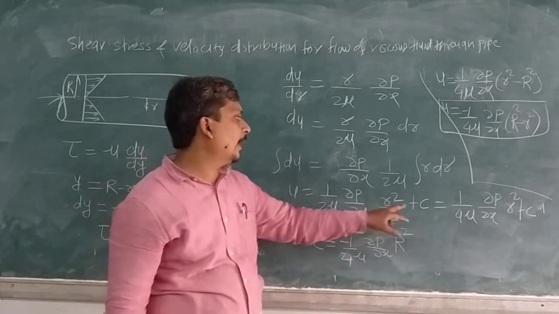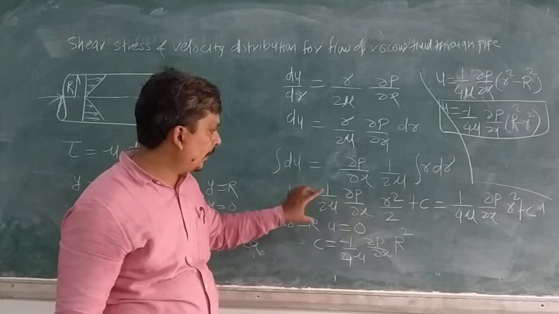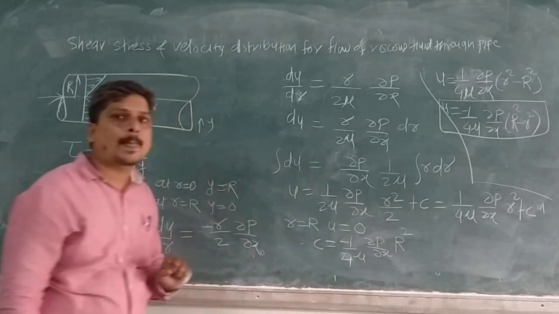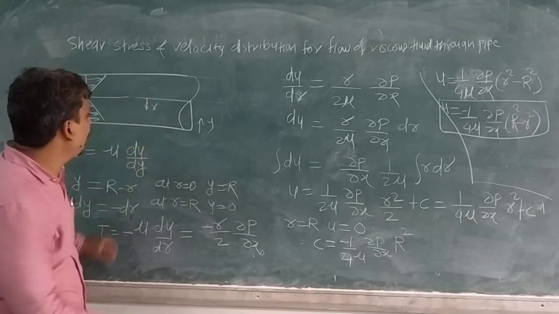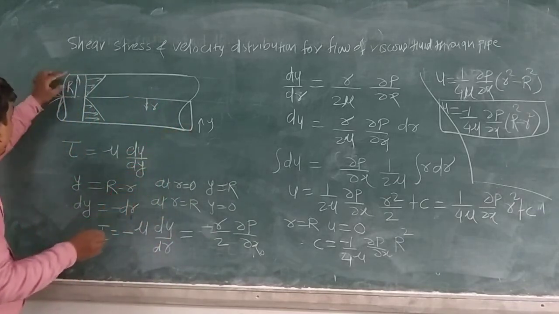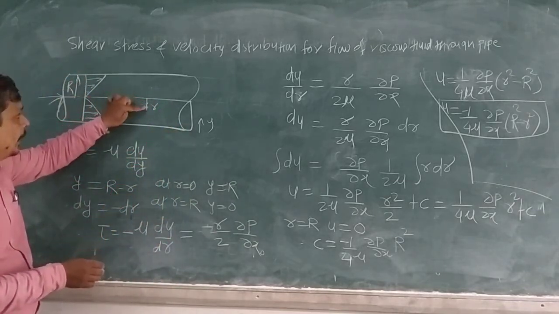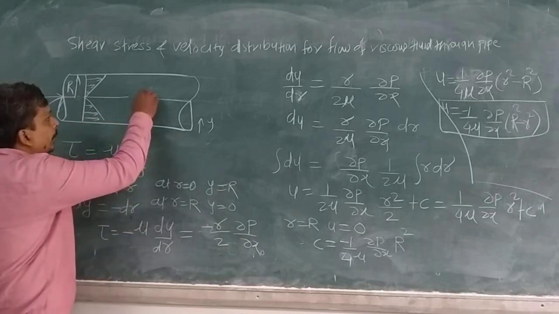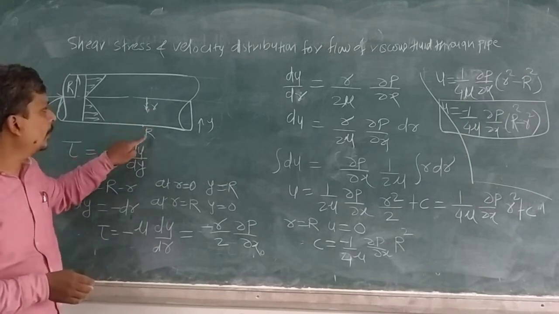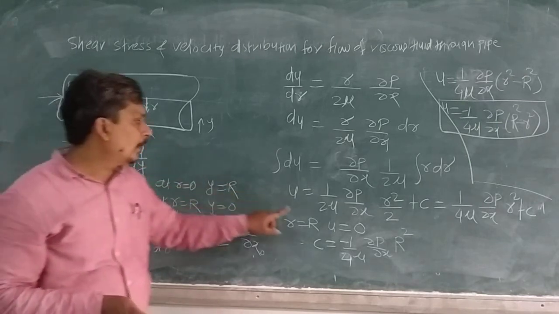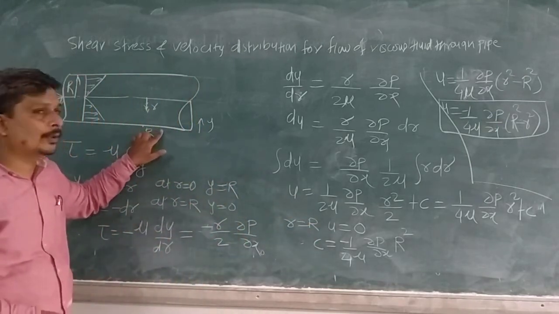Now this C we can obtain by using the boundary conditions. At r equals capital R, where small r varies along the radius from the center, when small r is equal to capital R, the velocity at the wall is 0.